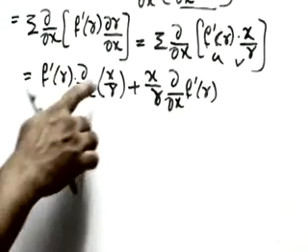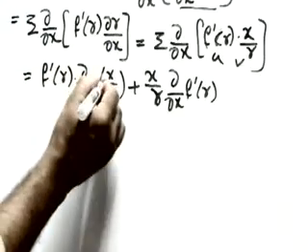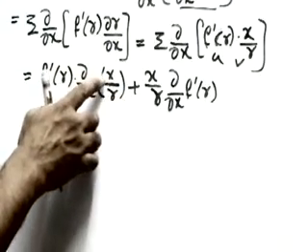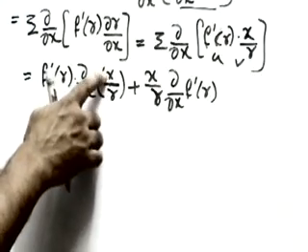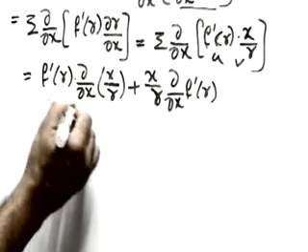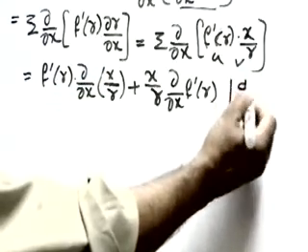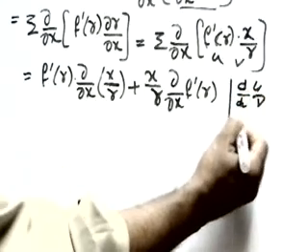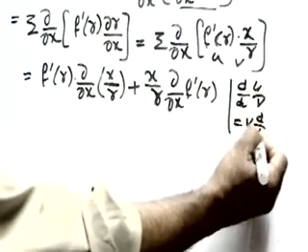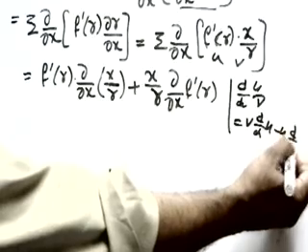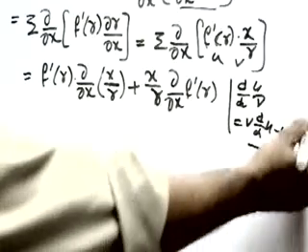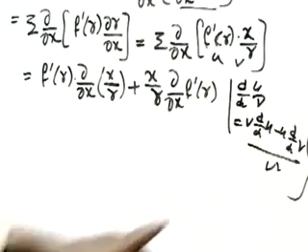Now let me solve this one. Now see again, when we are differentiating x/r, this is like d/dx of u/v. What we have as formula, d/dx of u/v is (v d/dx of u minus u d/dx of v) by v².